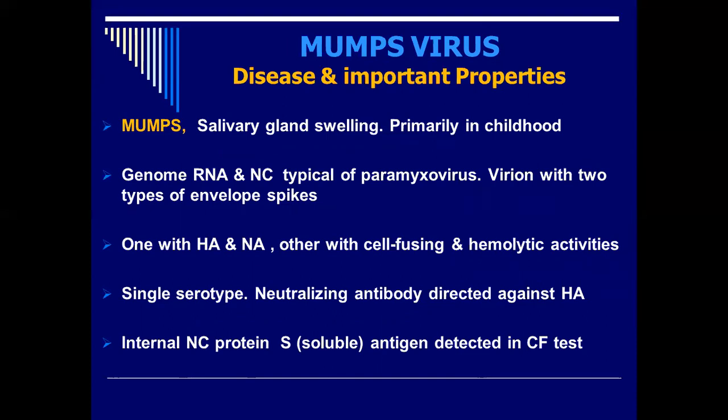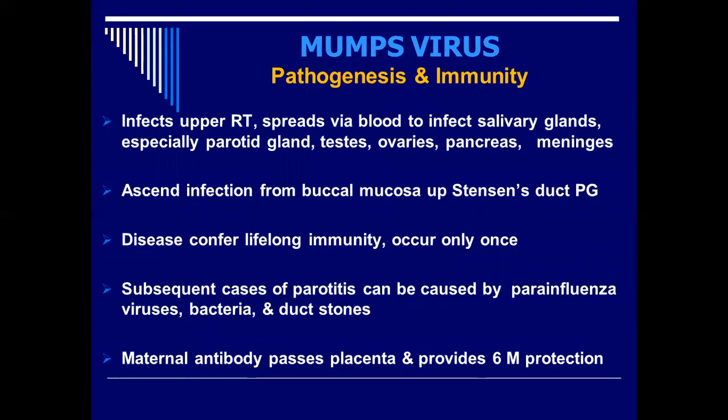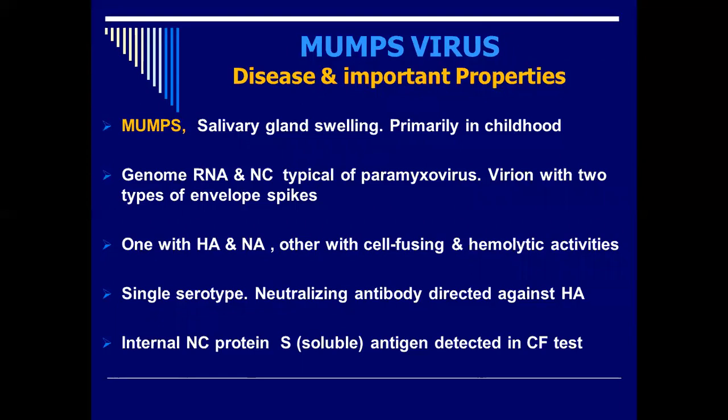The virus has an RNA genome, and the nucleocapsid is typical of paramyxoviruses. So the paramyxoviruses, measles and mumps, have almost the same structural composition.